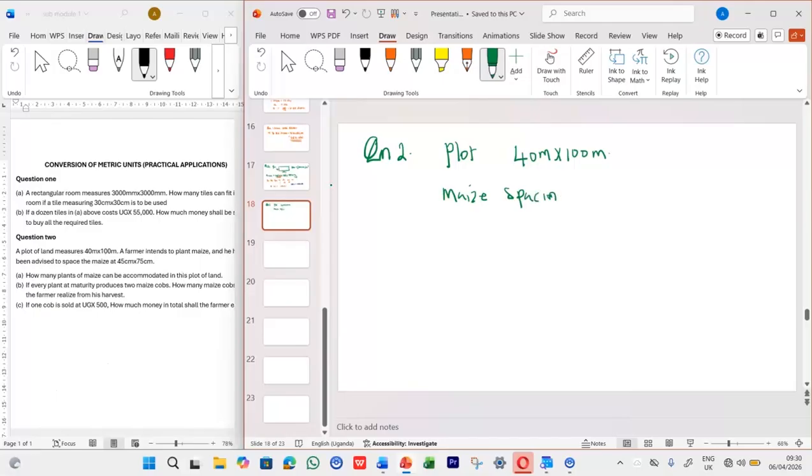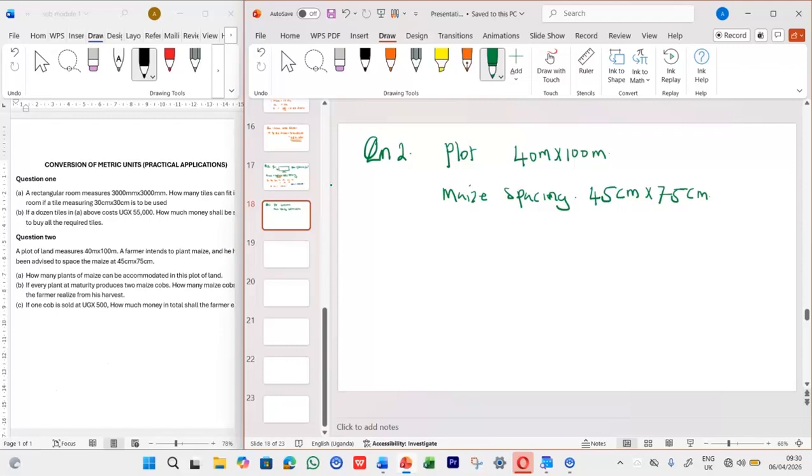The maize spacing is 45 centimeters by 75 centimeters. You have to be very critical here. The plot has been given in meters, but the maize has been given in centimeters. Take note of that because we may use it later.